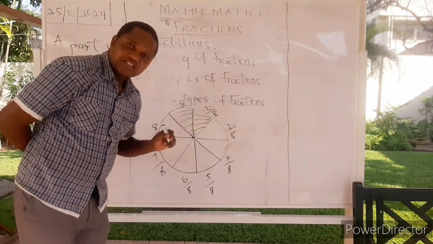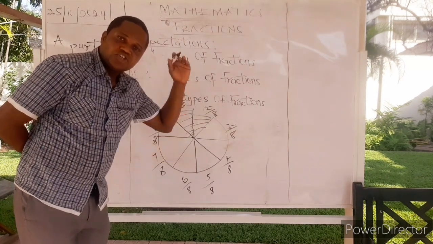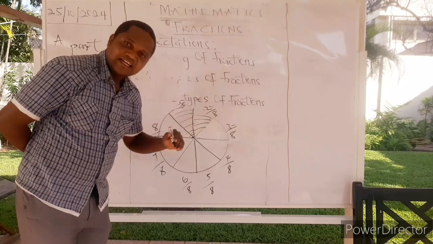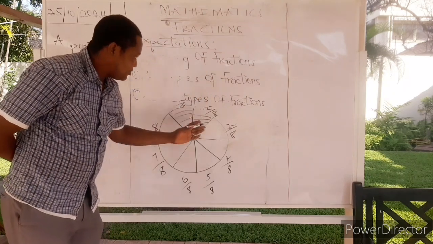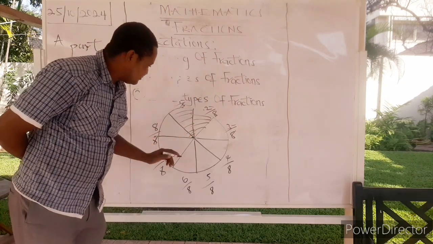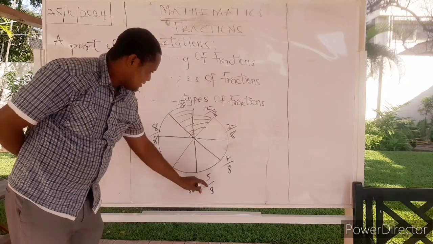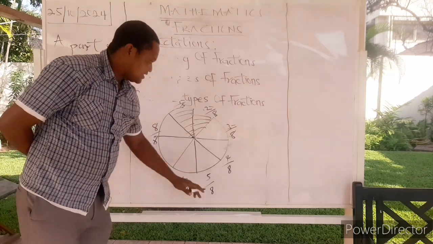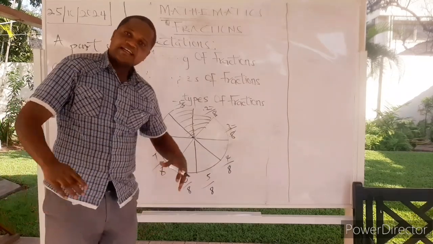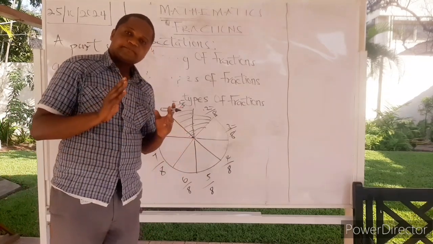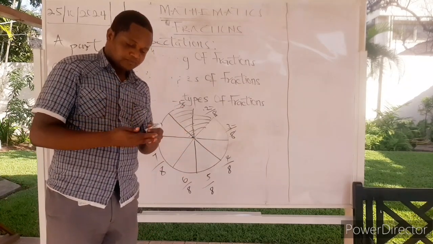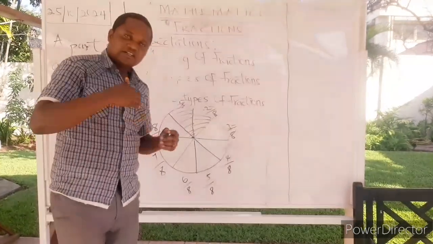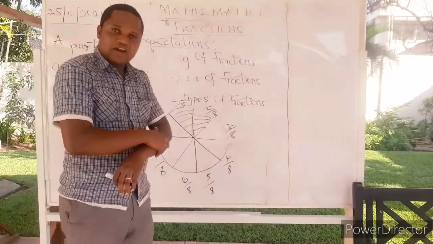So proper fractions are those fractions whose numerators are less than the denominators. The examples are here already. 1 over 8, 6 over 8, 5 over 8, 3 over 8, and 4 over 8. They are examples of what? Of proper fractions.